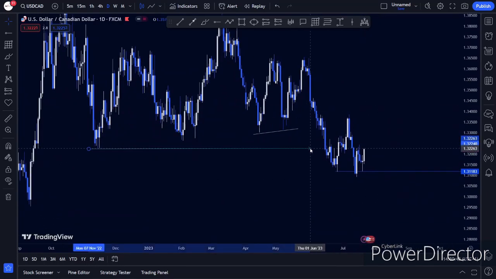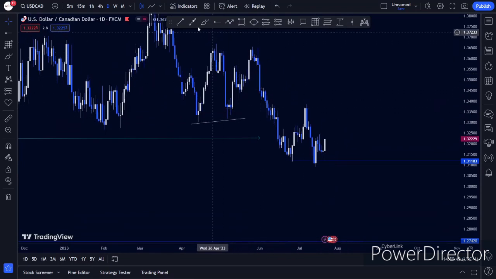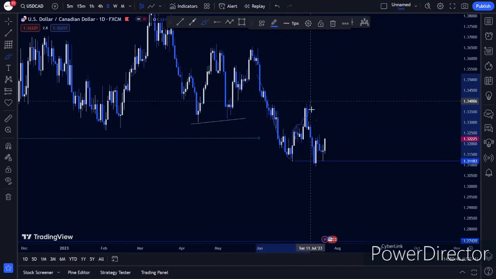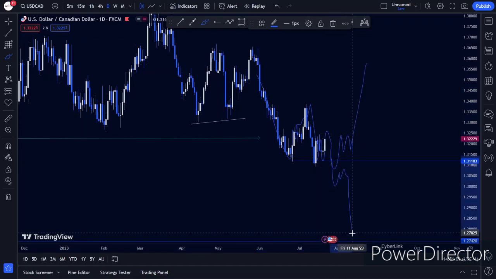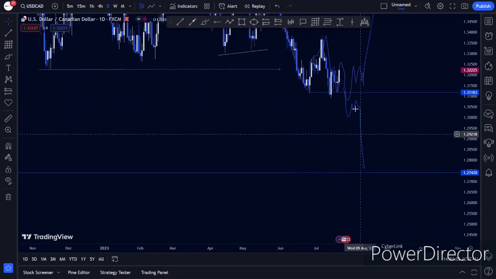However, looking at the momentum here, we have this impulse, we have this correction, and then we have this impulse, and this one looks like a correction. So there's a chance of coming downside one more time, and then we can get the buy, or perhaps it could just break and then keep going to this point of interest, which is sitting right below.